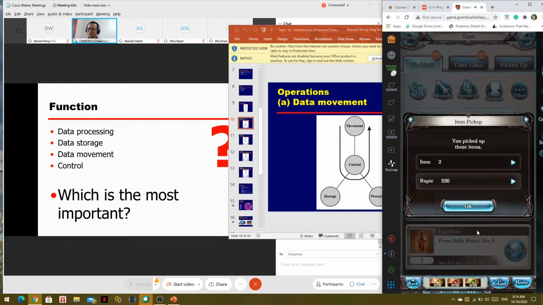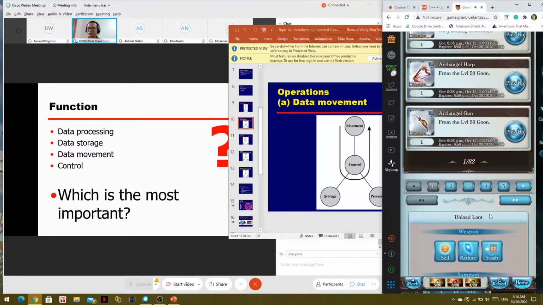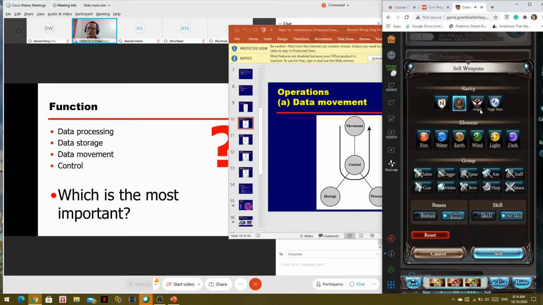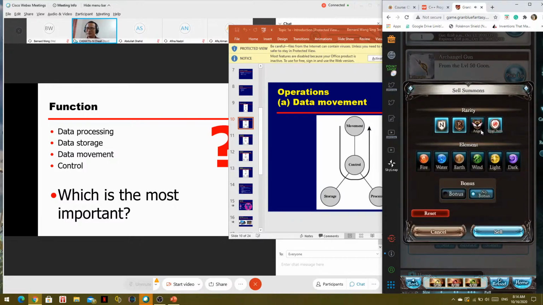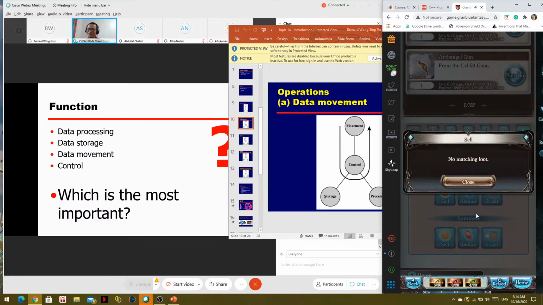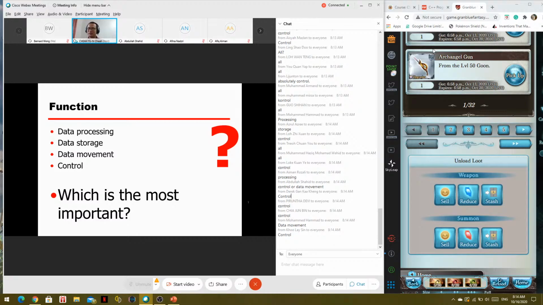Control or processing. Ikmal said maybe control, maybe processing. Absolutely control. Control. Processing. Some of you think it's processing. Control or data movement. Some of you think that it's probably even data movement.